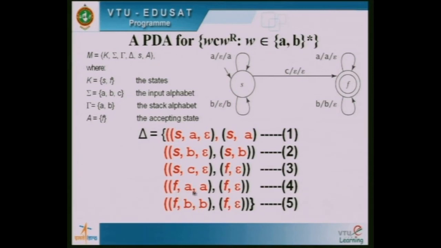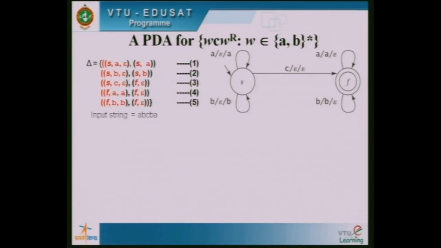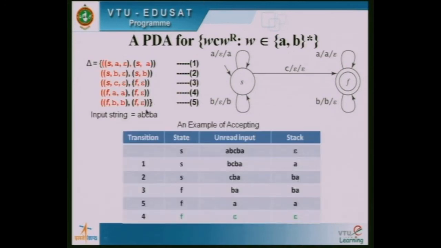So at F, if the input, A or B, and the stack's topmost element are both the same, then the topmost element must be popped. Just quickly we can see an example here. A, B is pushed.